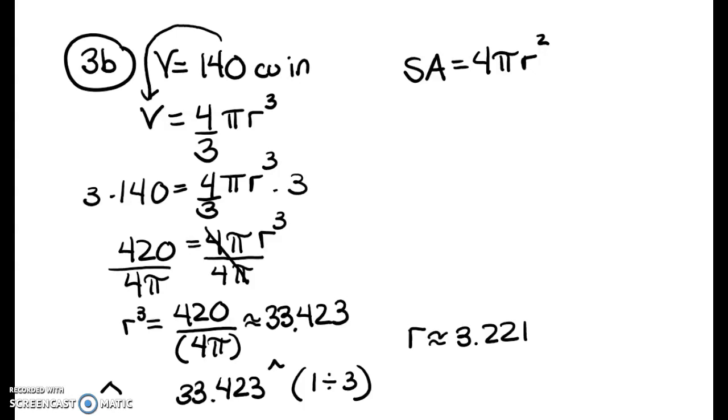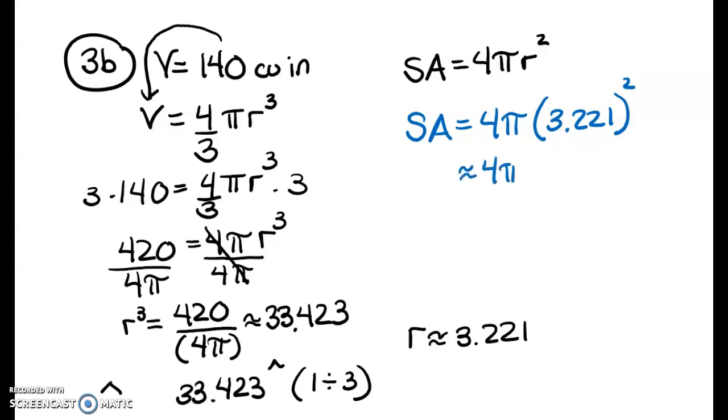So when I calculate the surface area, I get 4 pi times 3.221 squared. So when I square 3.221, I get approximately 10.374841.